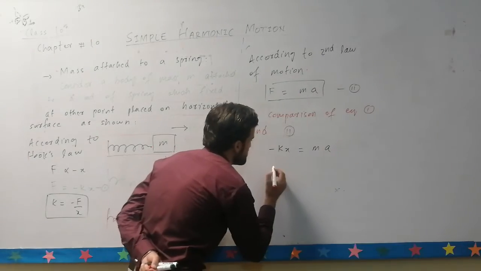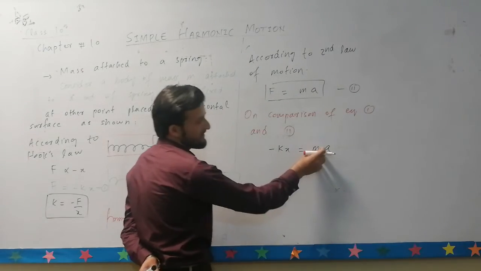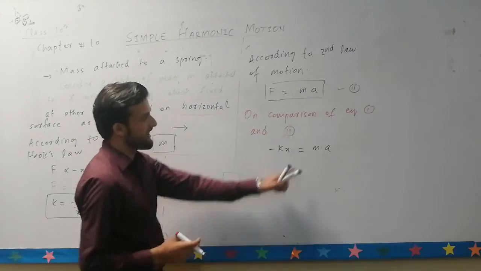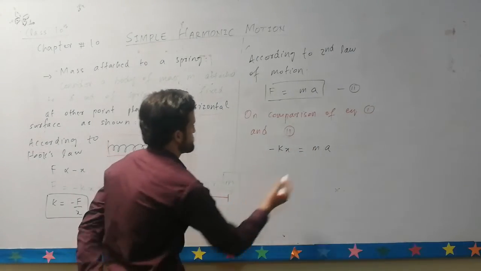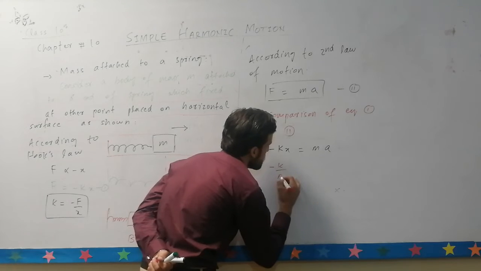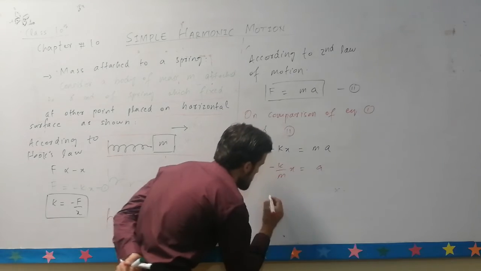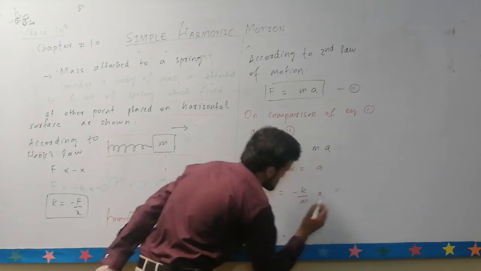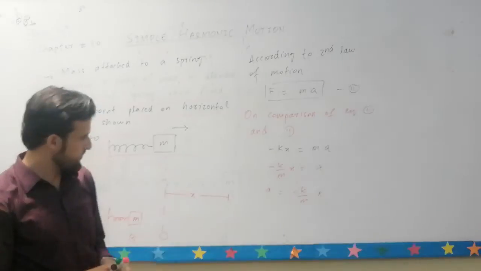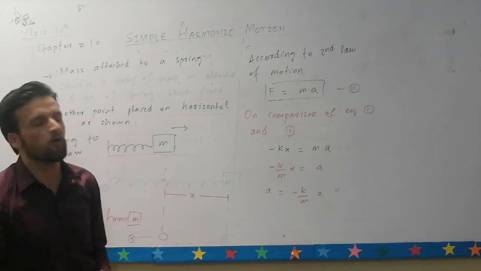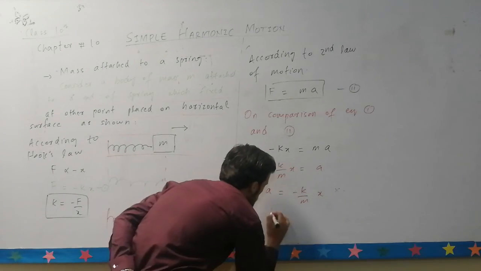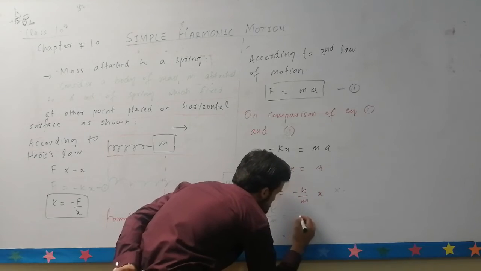Here m is multiplying, and when we move it towards the left hand side of equality, it is divided. So a is equal to minus k by m times x. Here k is the spring constant and the mass of the body is also constant in this case. So k over m is constant.